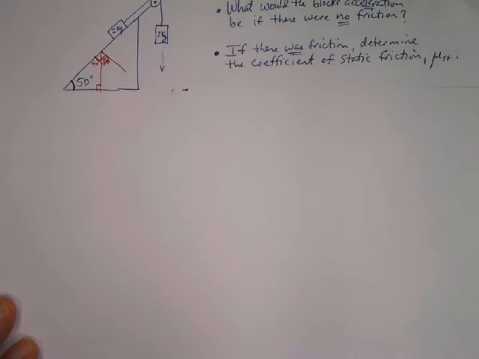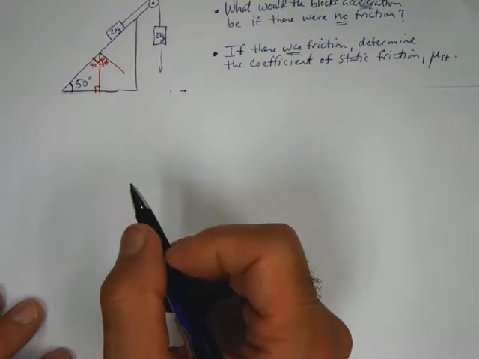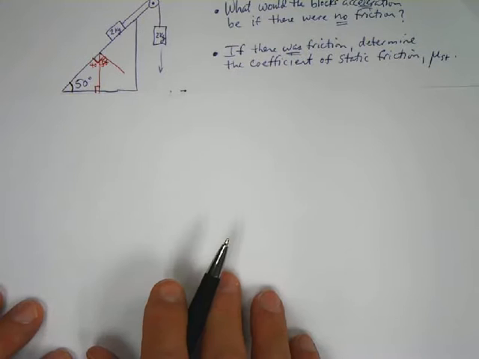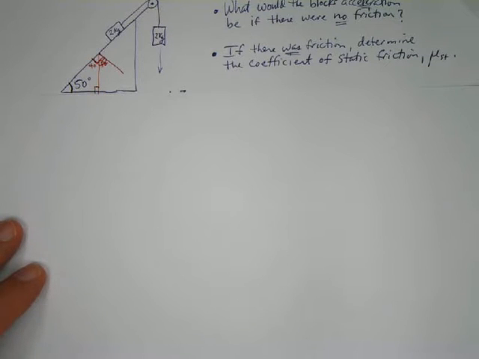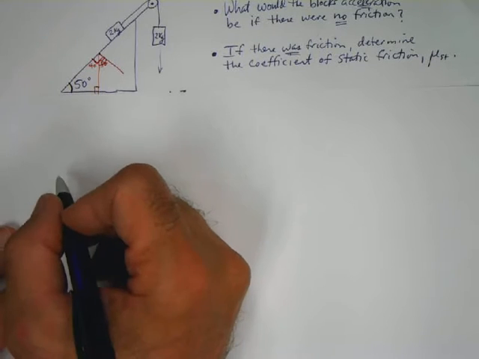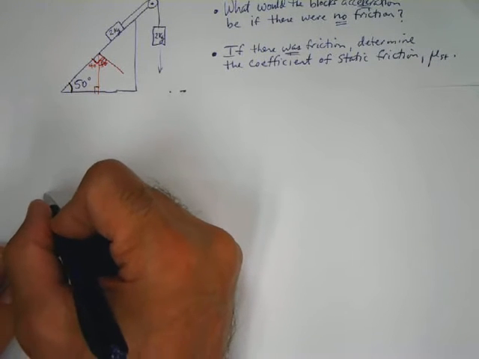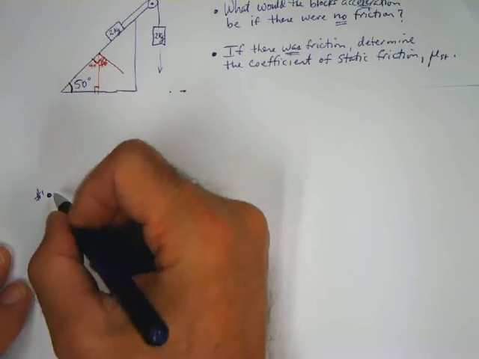What if there was friction? Well, if there was friction, then there could be a static equilibrium, where it could be at rest. Okay, so let's go ahead. We already have some of that information done, but I can just redraw the force diagrams real quick.